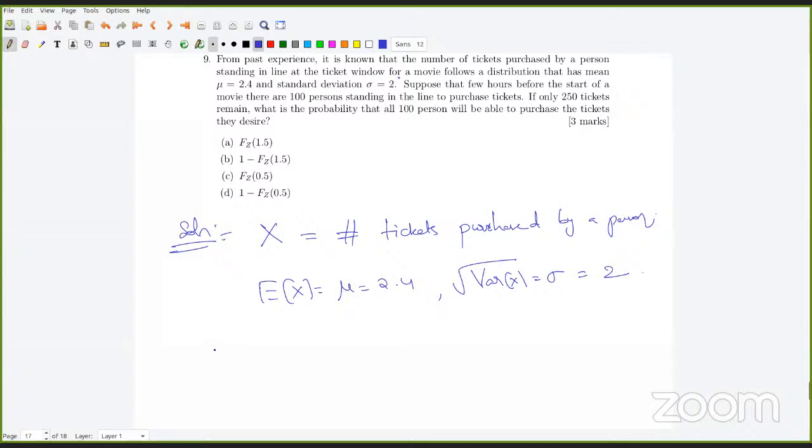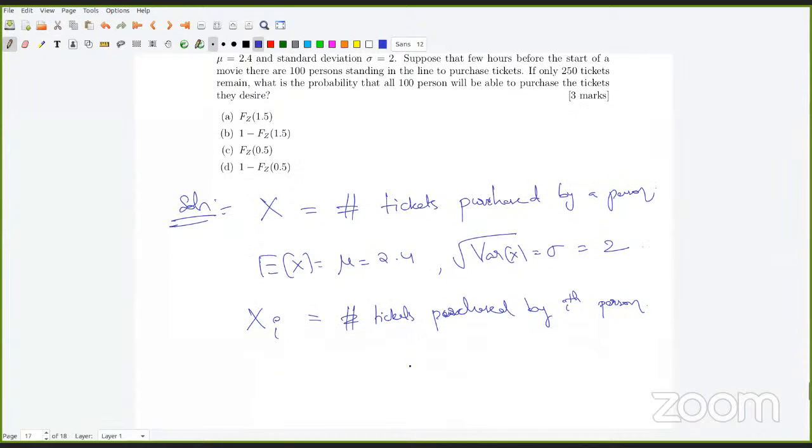Now tell me how to read this. What can we get from this? We have to find the probability that x1 plus up to x100, where x1 to x100 represent the 100 persons. Let's say xi represents the number of tickets purchased by the ith person in the line.